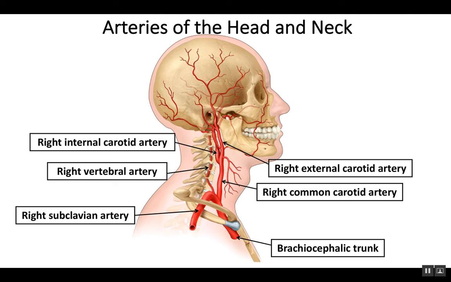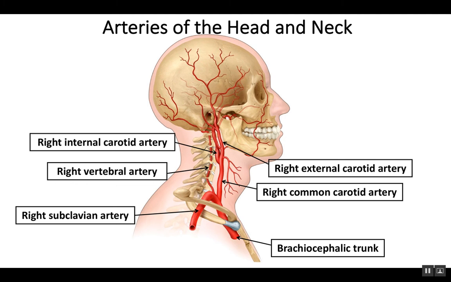Whereas the internal carotid is going to supply blood to the brain, but also eventually lead to the eyeball, supply blood to the eyeball and orbital structures. But we want to remember that the internal carotid goes to the brain, the external carotid does not.